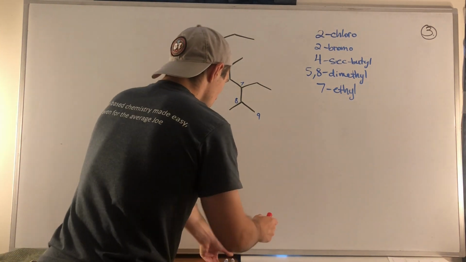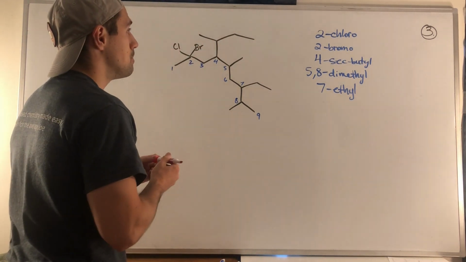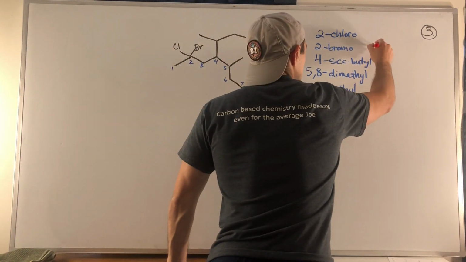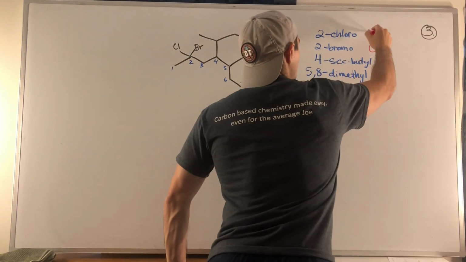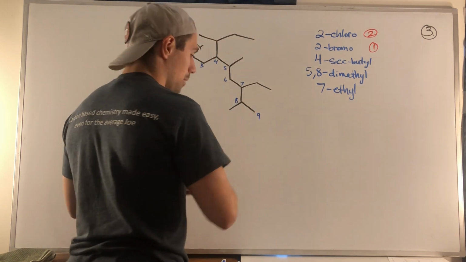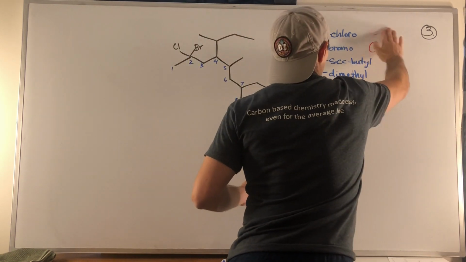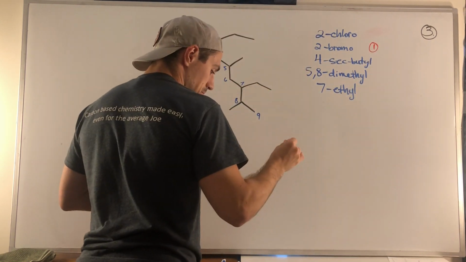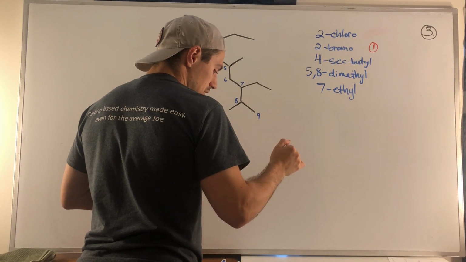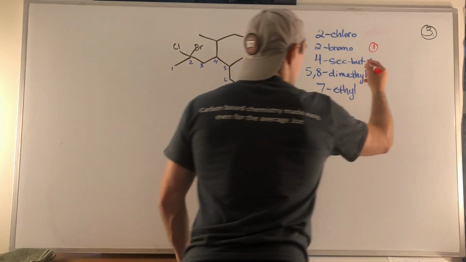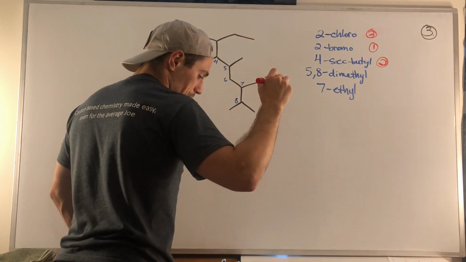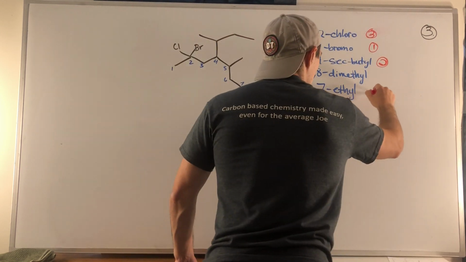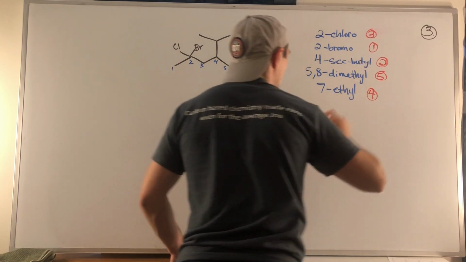I'll pause the video and then put the name together. So, taking a look here, bromo B clearly takes first as far as the alphabetization. Then we have chloro. Oh, I apologize. Nope. See, alphabet is hard. So bromo is first, and then we have butyl for second. Then we have chloro. And then we have ethyl, and methyl always seems to come in dead last.